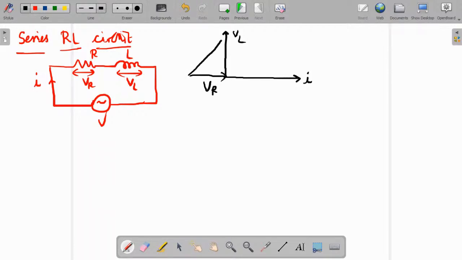So the resultant is our source voltage V. Okay, so this is the phasor diagram for a series RL circuit. Is it clear? So for the inductor, voltage leading, current lagging; for the resistor, voltage and current are in phase, and the resultant is equal to the source voltage V. Let this be angle theta. Okay, I hope it's clear.